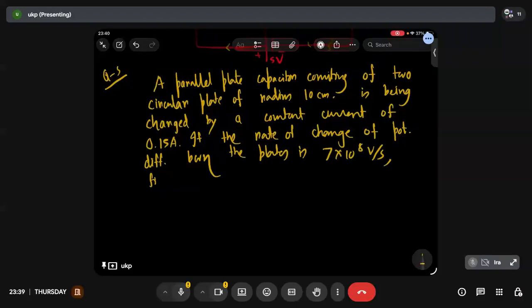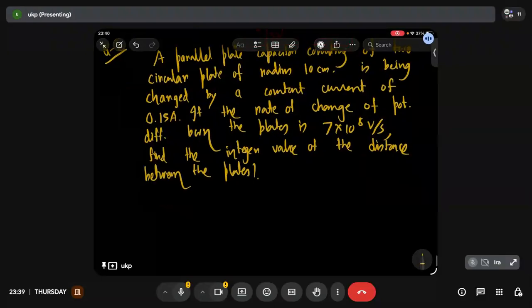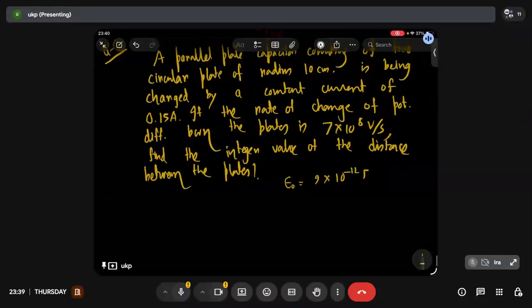Find the integer value of the distance between the plates. Given in the question, the value of epsilon naught is 9 into 10 to the power minus 12 farad per meter and pi is supposed to be taken as 22/7.